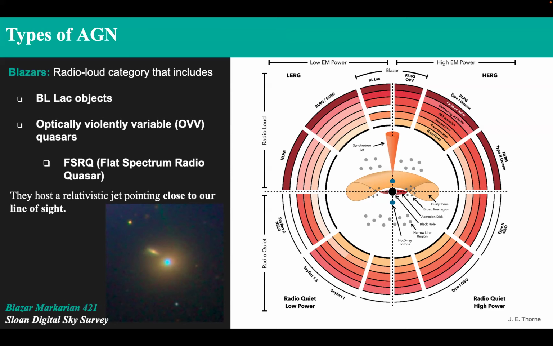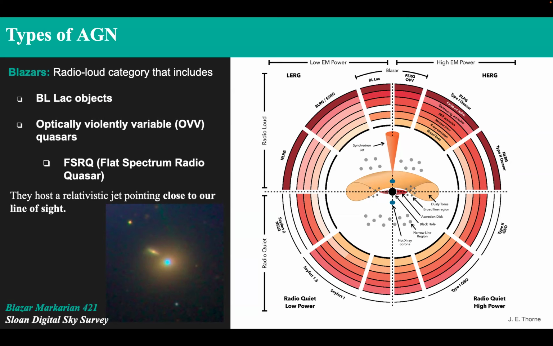The difference between these two is that the BL Lac objects have weak or no emission lines in their spectrum, and this is because their jet is very powerful and overwhelms the spectral lines that come from the surrounding dust, while the optically violently variable quasars have strong emission lines, and they are more luminous than BL Lac objects.